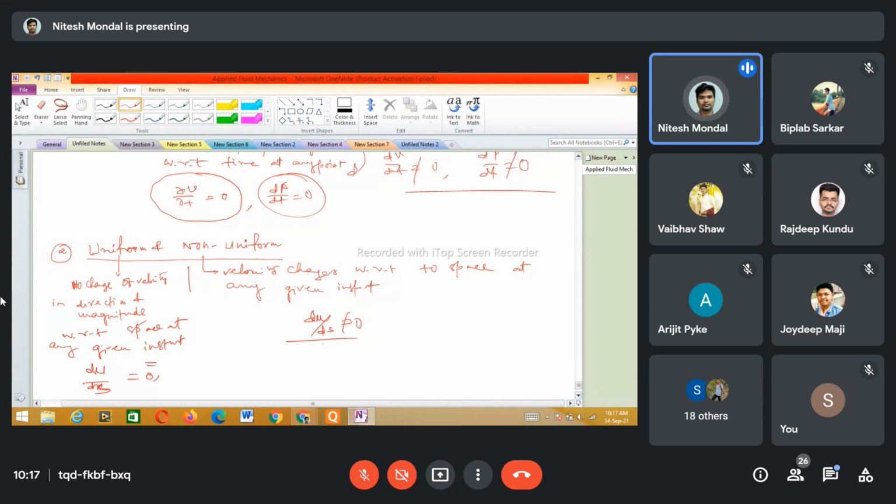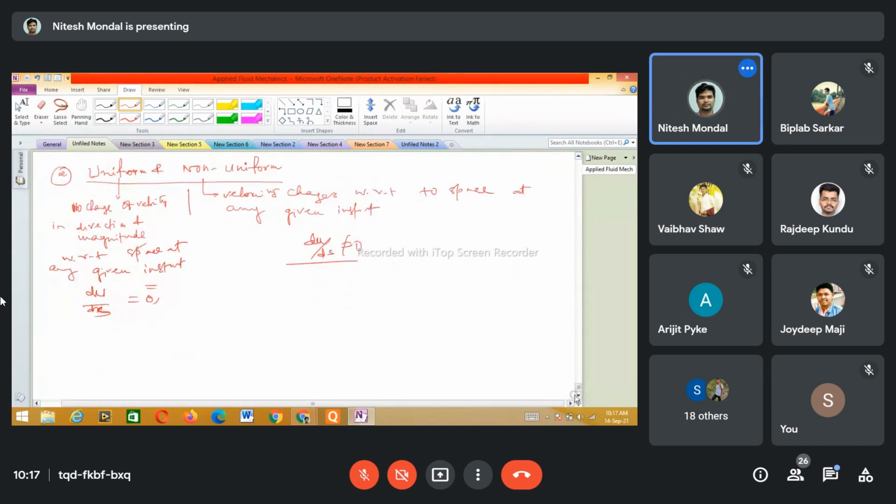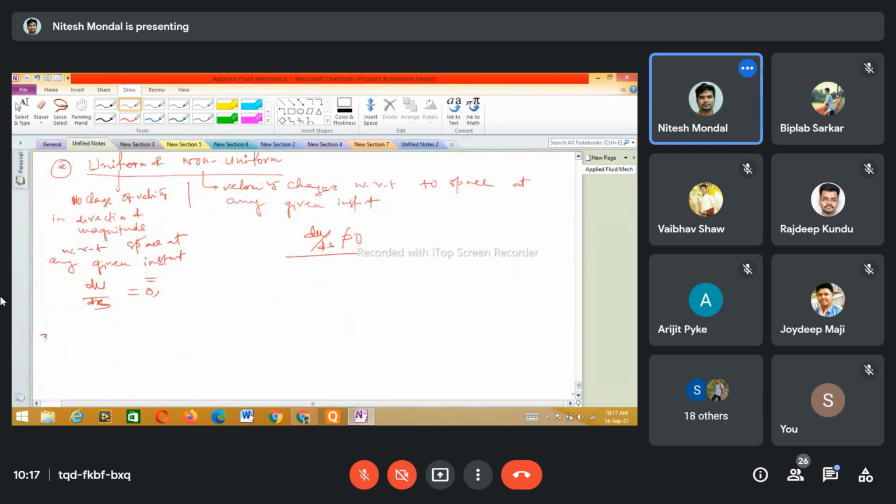So what will be the steady and uniform flow? If you combine these two, what is steady and uniform flow? Both properties are present in the fluid motion.